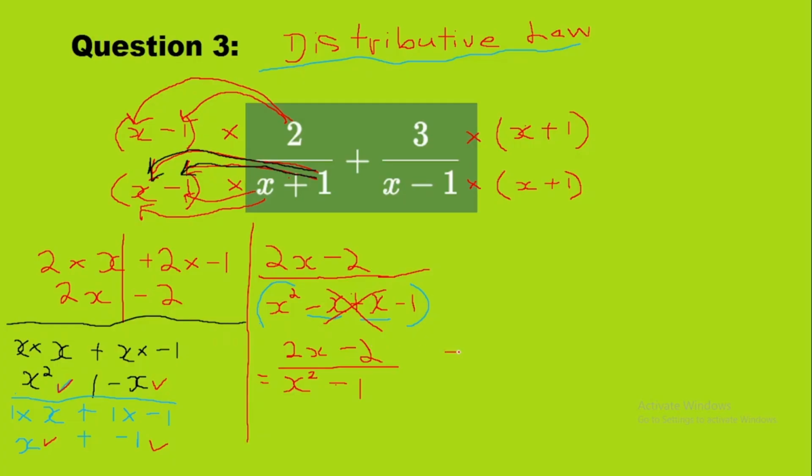Now we'll just add our second fraction right here. Just like the method before, we can quickly distribute. So 3 times the x and 3 times our 1.